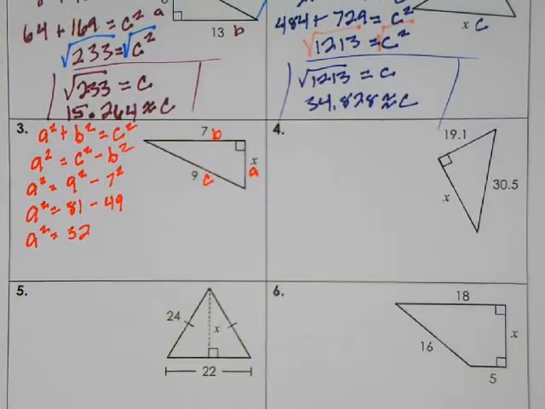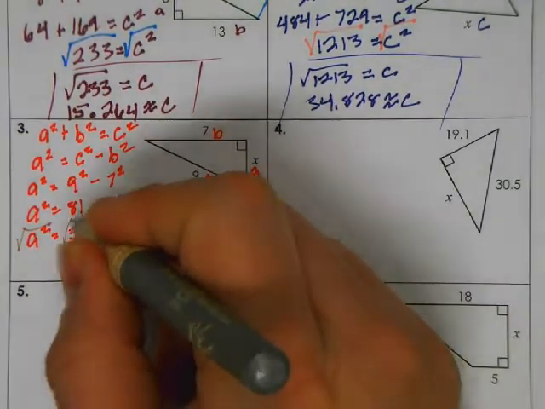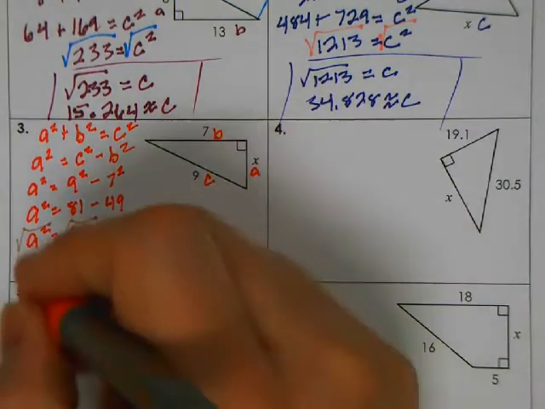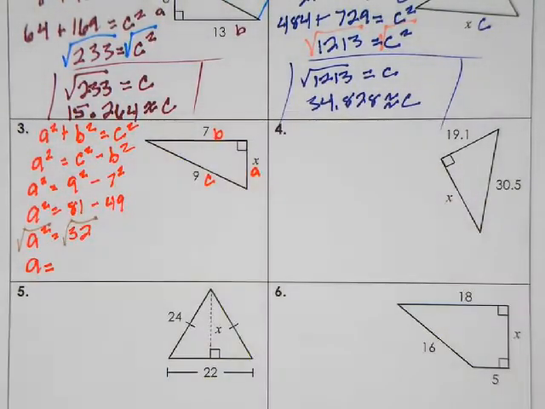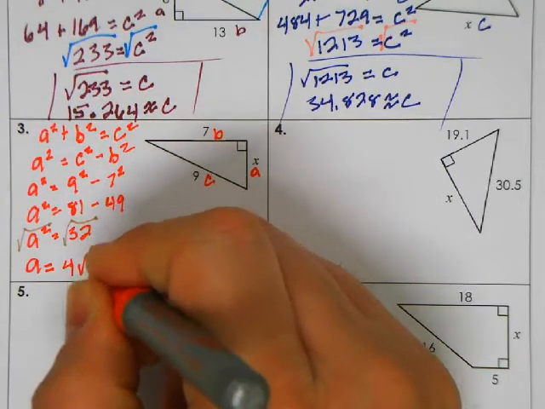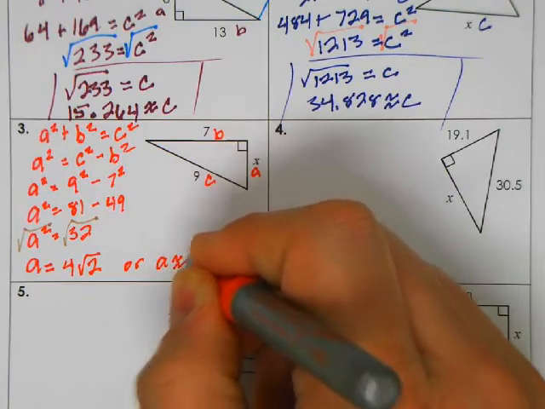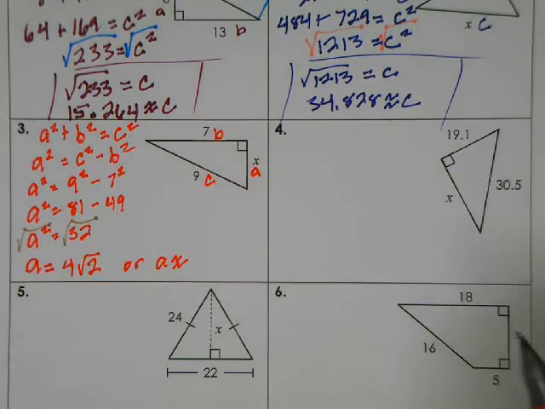Now when I take the square root of both sides, this is going to give me a number where I could actually simplify it as a radical. So a as an exact number would be equal to 4 square roots of 2, or a is approximately equal to, let me type it on my calculator here because I don't actually know the number, about 5.657.